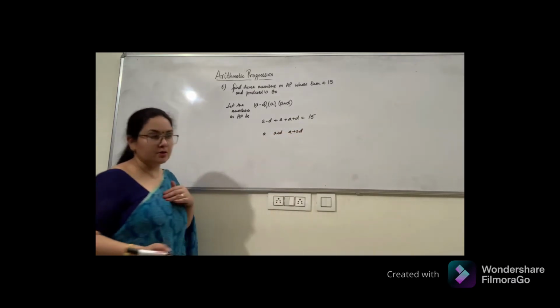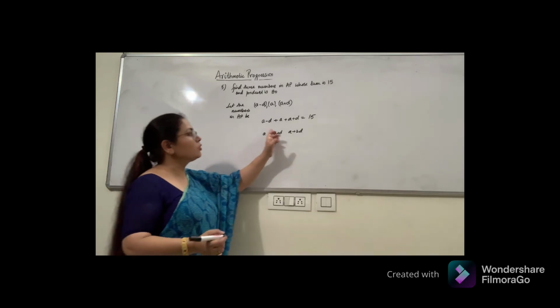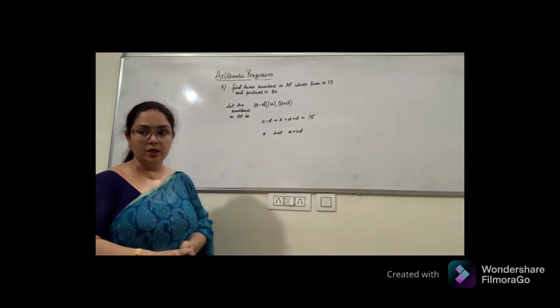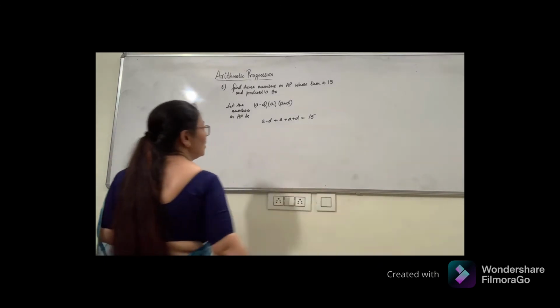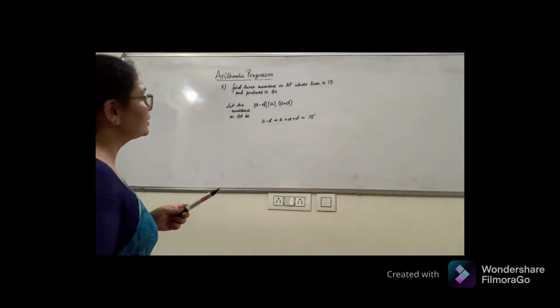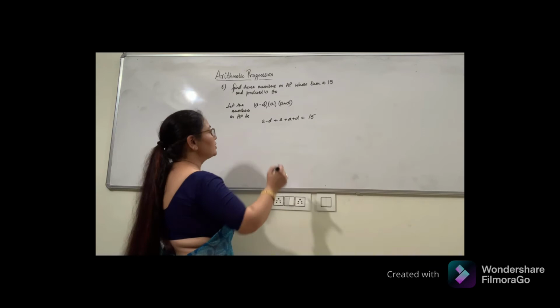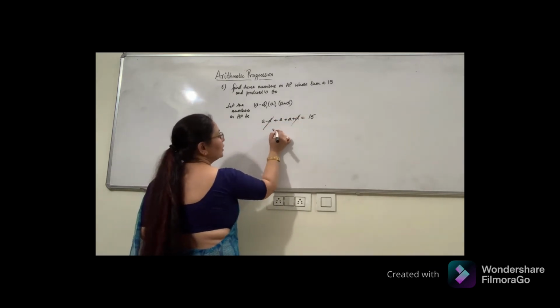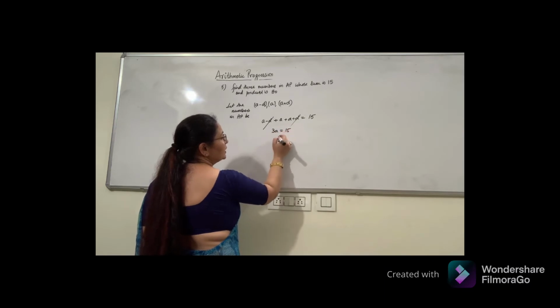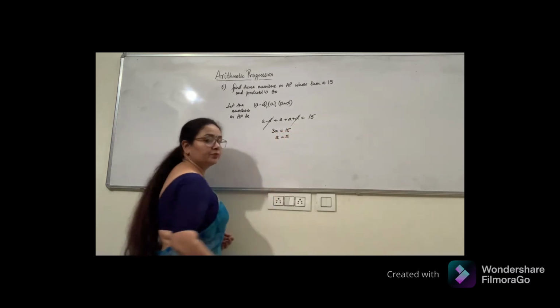What is wrong in this? Nothing wrong in this. But the question will be lengthy. You'll get too many terms and it might be difficult for solving. So जब AP में होता है तो this is the right method, because in this आपको ये cancel out हो जाता है. So we are left with 3a. Finally, in the first equation itself, we are getting the value of a.